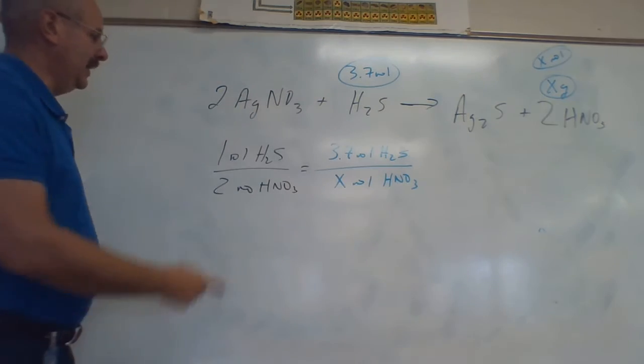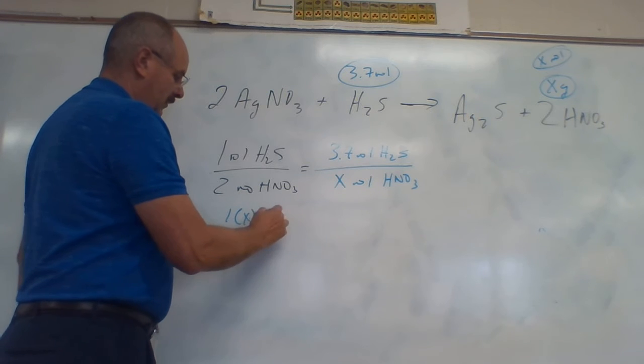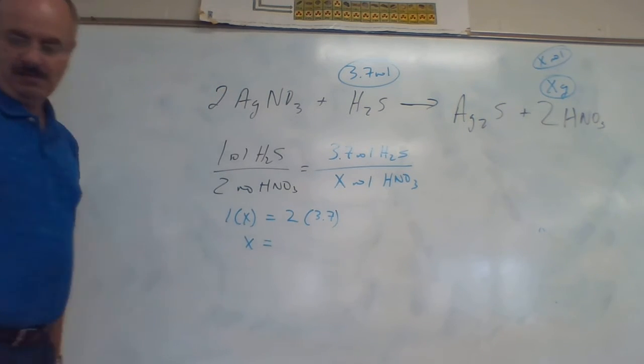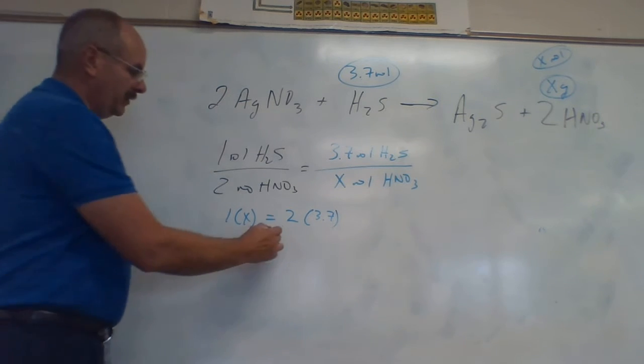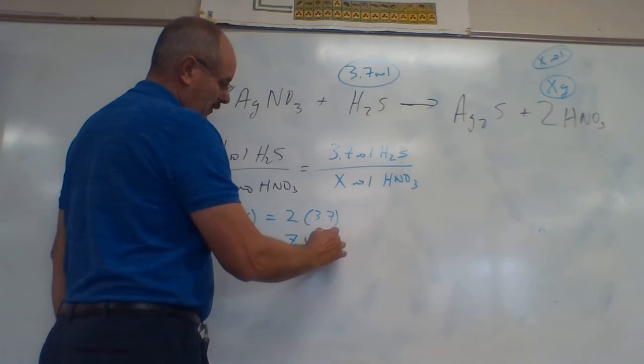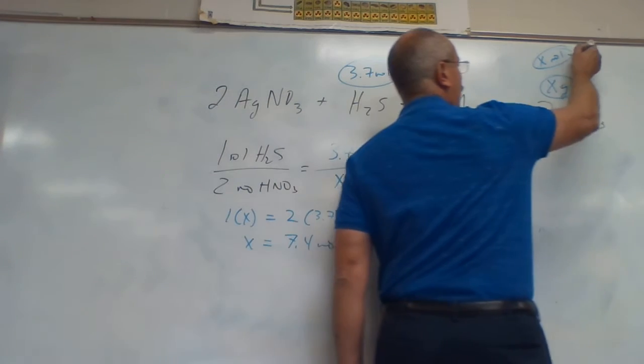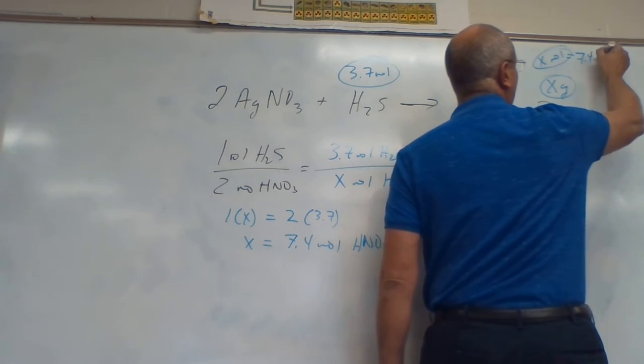Cross multiply: 1 times X equals 2 times 3.7. So X ends up equaling 7.4, and that's moles of HNO3. So we now know that this is 7.4 moles.